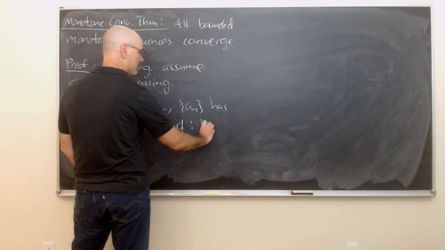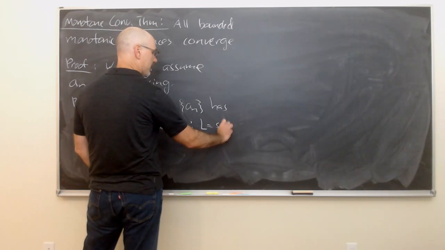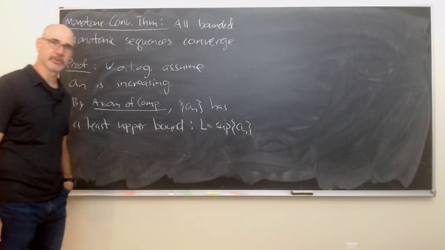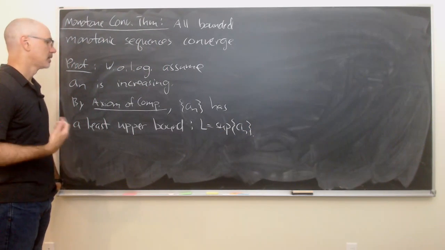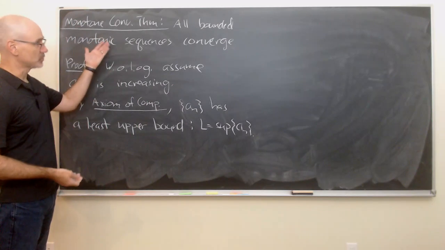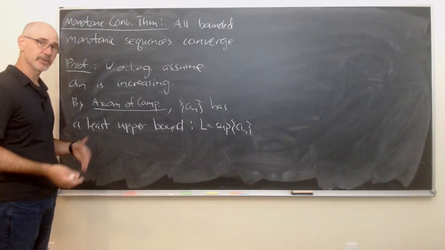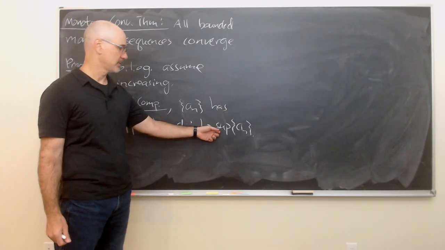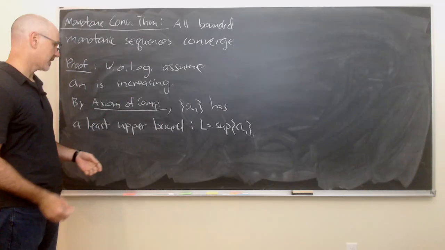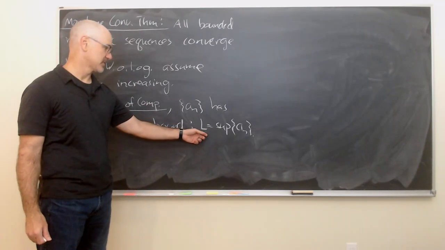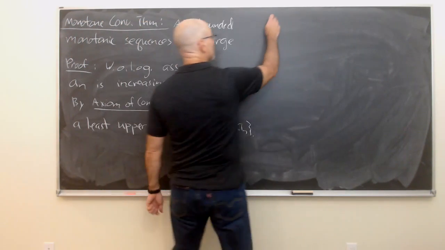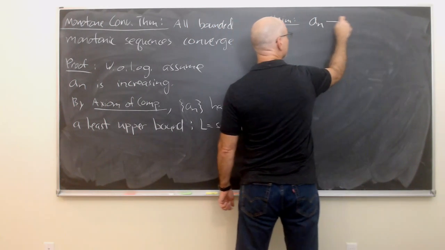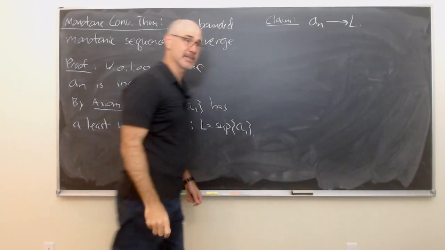So let's let L be the least upper bound, or supremum, of the members of the sequence. We have a set of real numbers. We assume that the sequence is bounded, so we have a bounded set of real numbers. And because it's bounded, we know that there must be a least upper bound. So our claim is that that least upper bound is actually the limit. Claim: a sub n converges to that L.